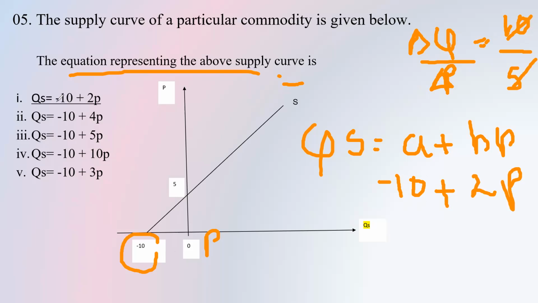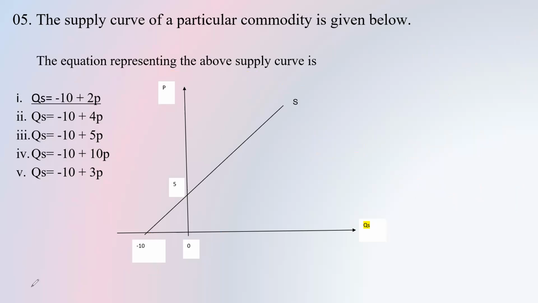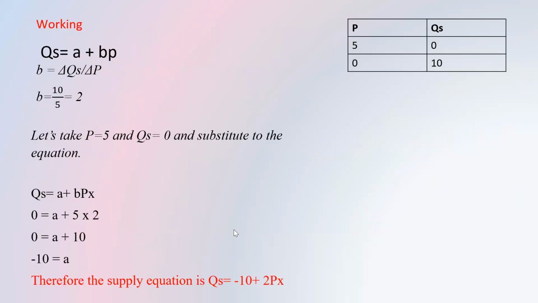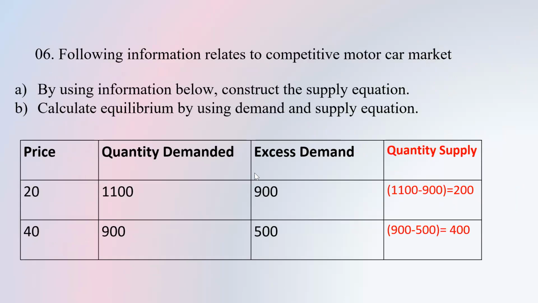So then minus 10 plus 2P is the equation for the supply curve. Right? By using that equation you can calculate, and you can calculate the supply equation also.